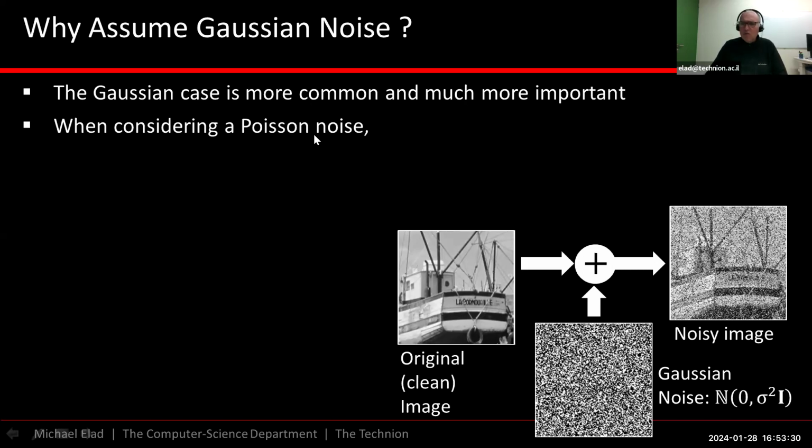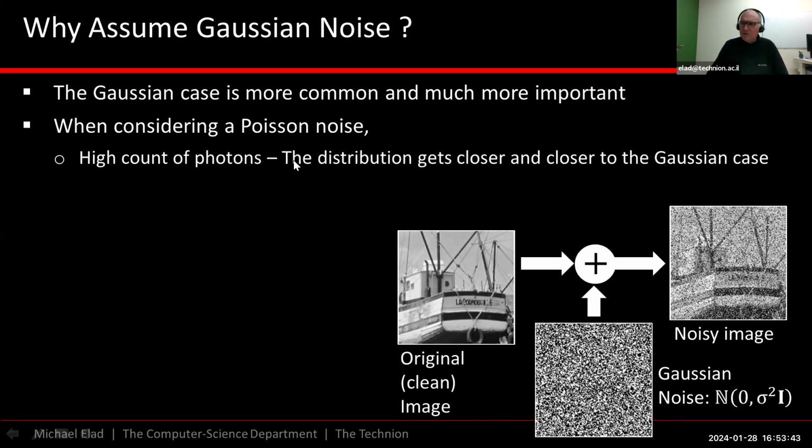Sensors of the kind we work with that create images are basically counting photons. And the appearance of photons, the count of photons, is Poisson distributed. The thing is, if you look at the Poisson distribution for high counts, hundreds and beyond, it looks like Gaussian. It's a total Gaussian.